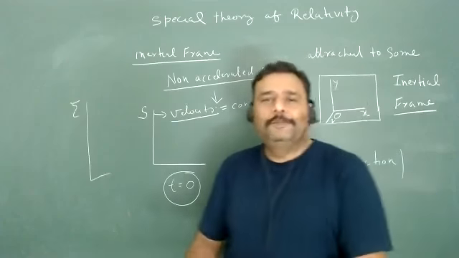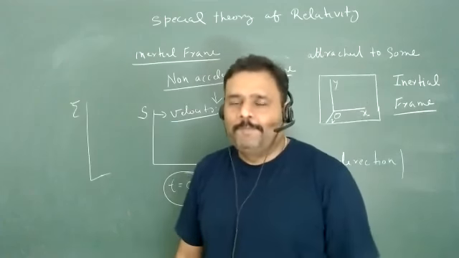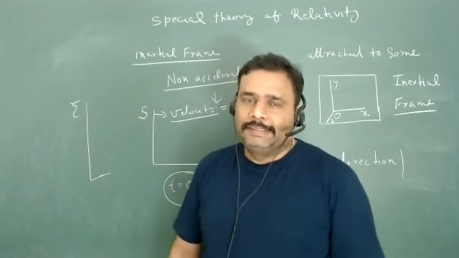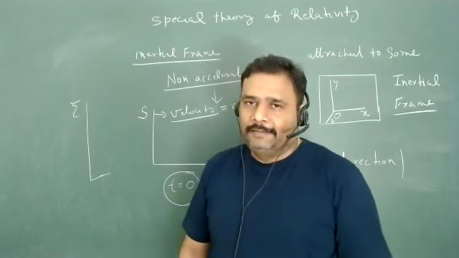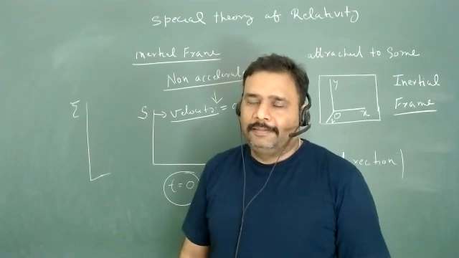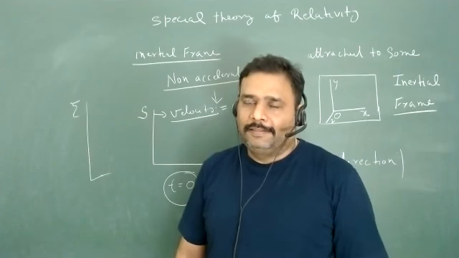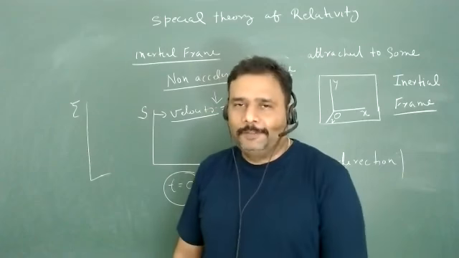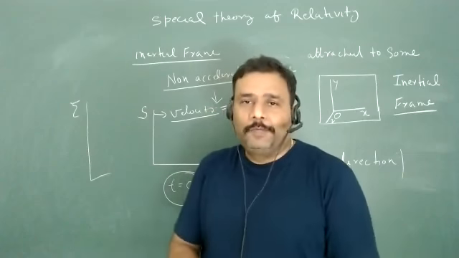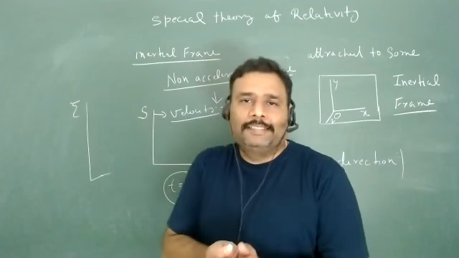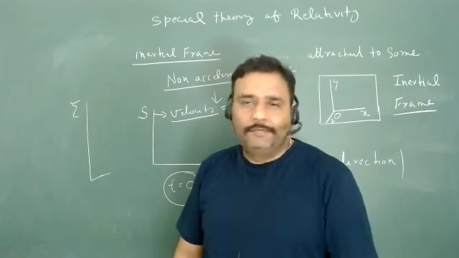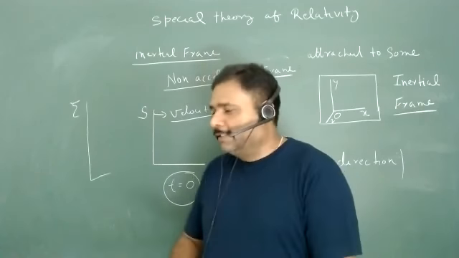What is the meaning of t = 0? Can anybody tell me the answer? This is very important, because unless you define this, the next level will obviously be a little bit tougher. What is the meaning of t = 0?